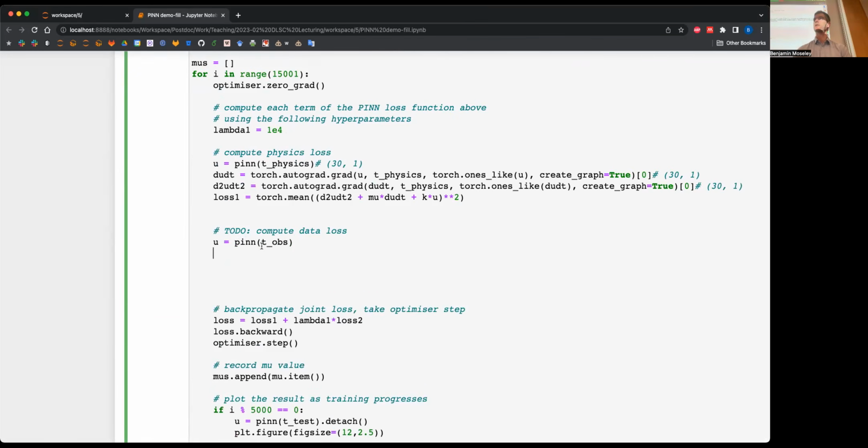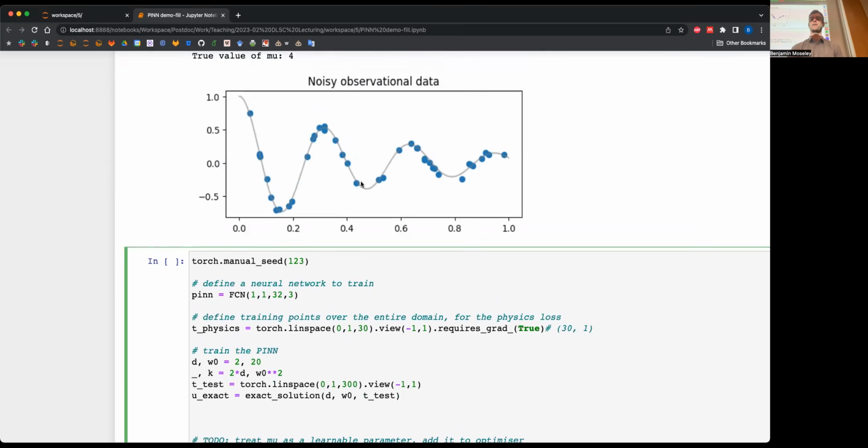These are just the coordinates of those locations. And then we're just going to do a mean squared error loss. So loss2 equals torch.mean of (u minus u_obs) squared, like that. So yeah, very simple. The network needs to match these observational points that we have here.